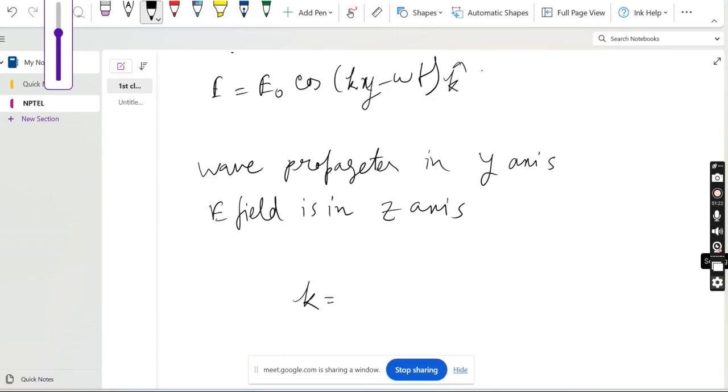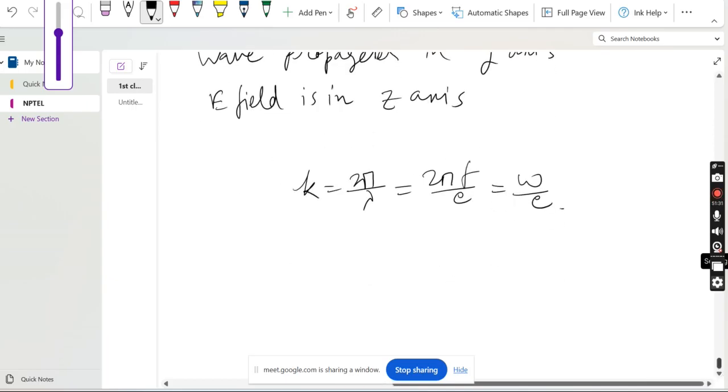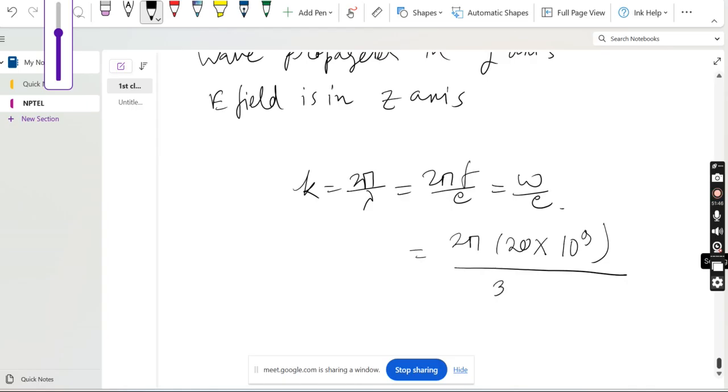So now we need to know what is k, which is 2 pi by lambda, or we can say 2 pi f by c. So here frequency is 20 gigahertz. So first we need to calculate the omega. Omega will be 2 pi into 20 into 10 to the power 9.